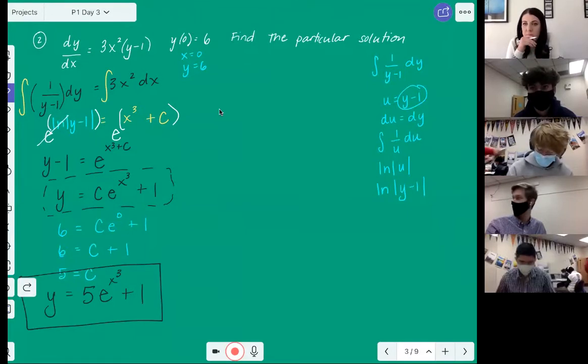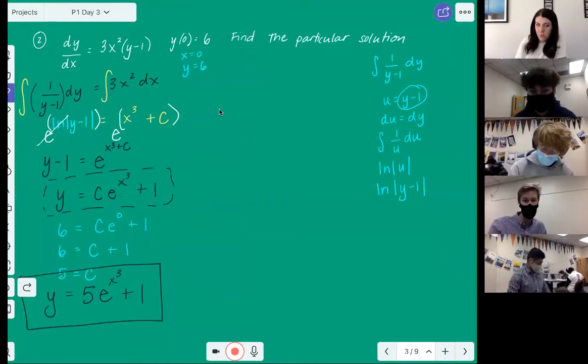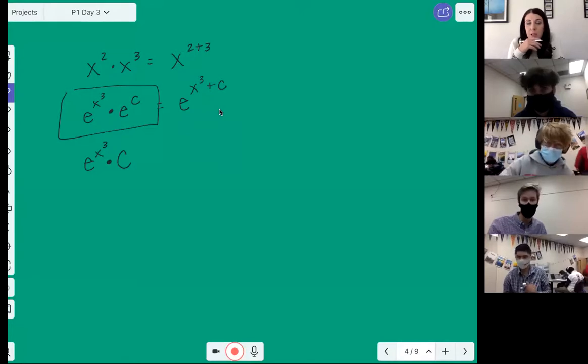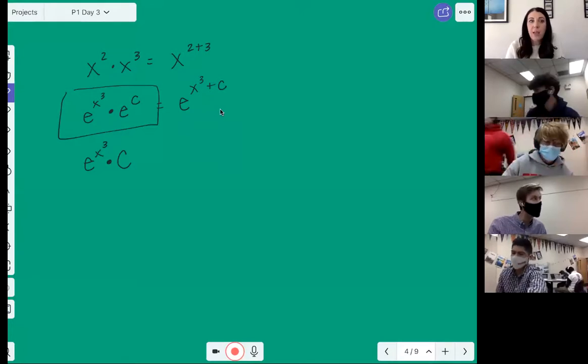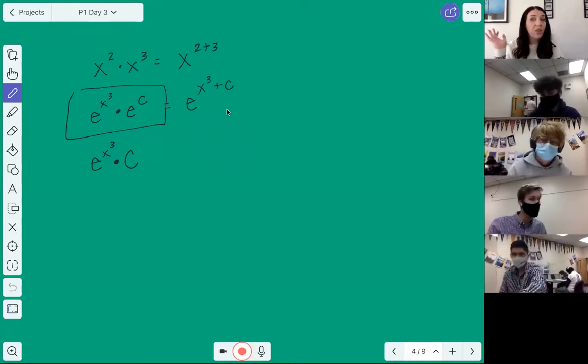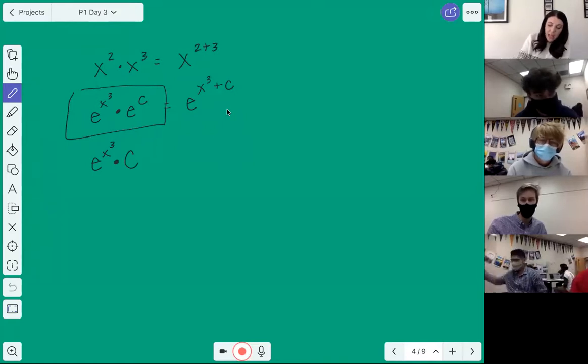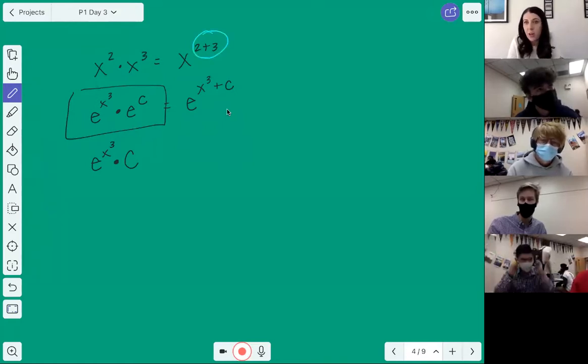Can you go over how you went from e to the x cubed plus c to c e to the x cubed? Absolutely. So just to review this concept, what I have up here is x squared times x cubed, which we all know without having to think about too much is x to the 5th, because what we're actually doing there is adding those exponents together, right?